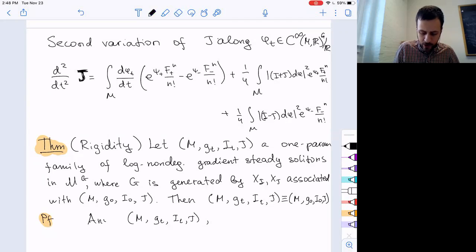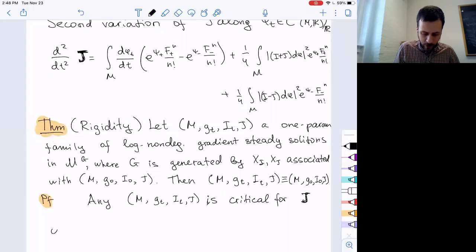Any generalized scalar structure under this variation is critical for this functional J. So you actually have the second derivative vanishes.